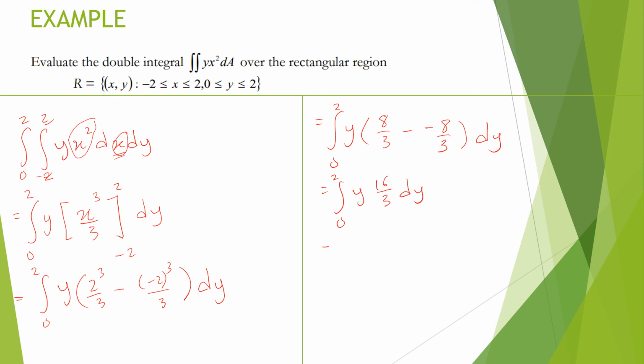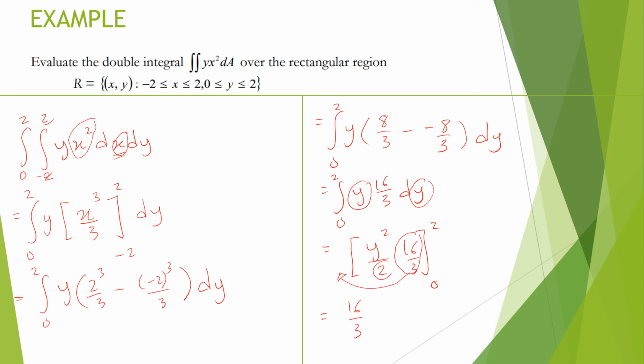Now integrate with respect to y. Y squared over 2. Now substitute the values. You can bring your 16 over 3 to the outside because it is a constant.